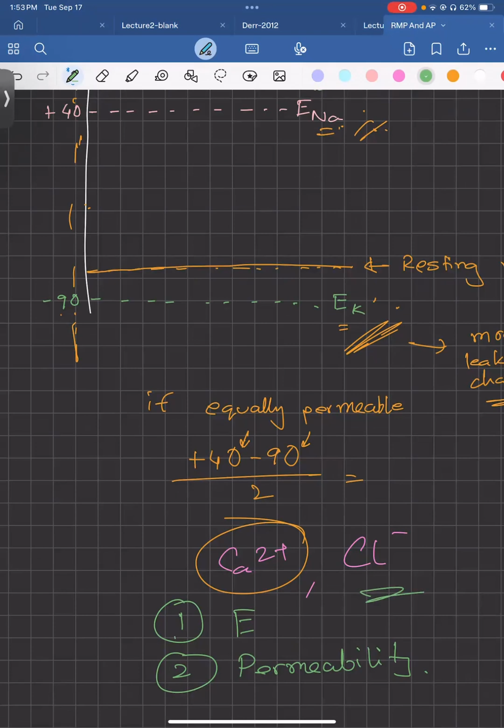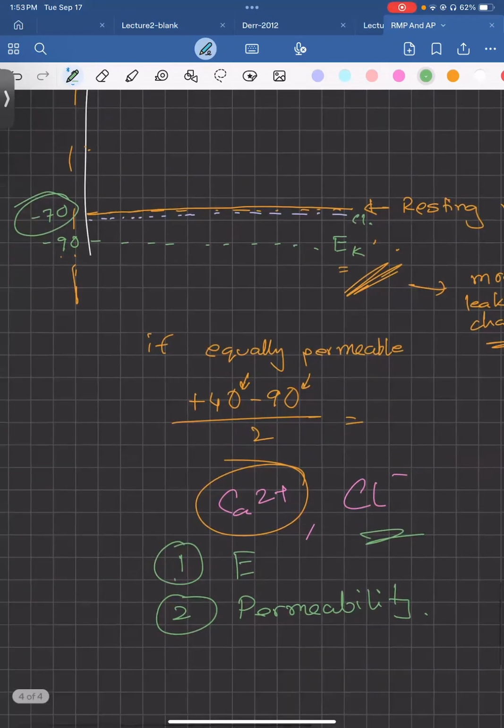Chloride has an equilibrium potential that's very close to the resting membrane potential that we already have. The current resting membrane potential that we have is minus 70 millivolts. The chloride is minus 65, so it's pretty close. That's why it is taken into account, but it doesn't affect that much.